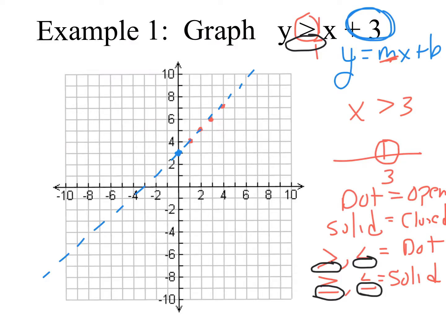Now we have to figure out which direction of the line we are going to shade in. This is going to be based on what we call the duh principle.